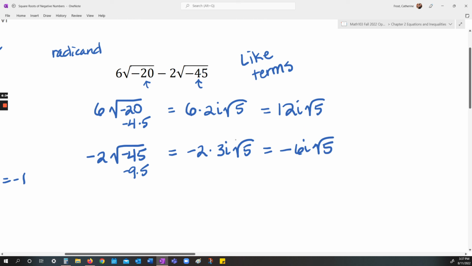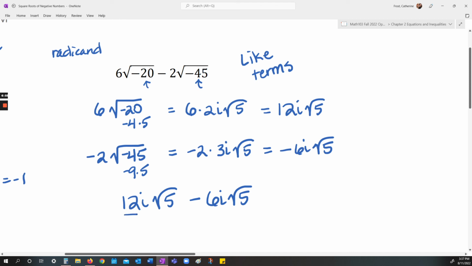Bringing it back into one problem, we have 12i root 5 minus 6i times the square root of 5. Now we have like terms, or like radicals. Both of these terms have an i and both of them have square root of 5.